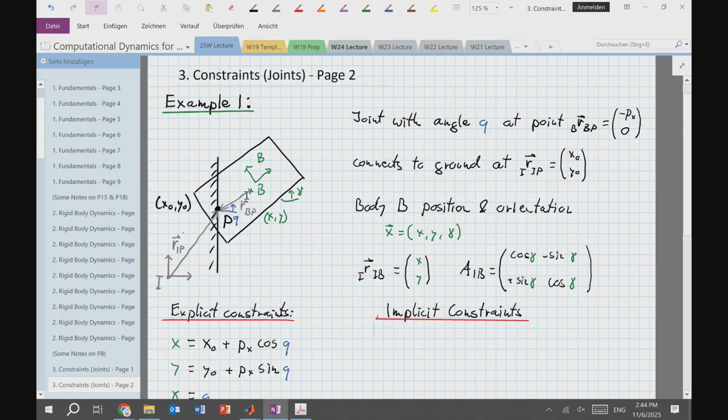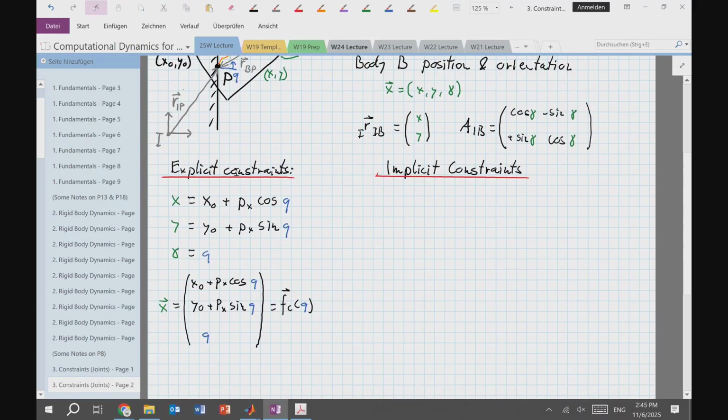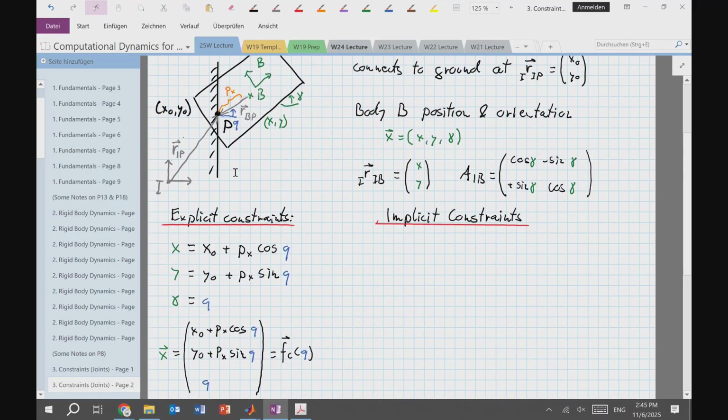That's this distance. This here, that's px. Implicit constraints, right? We now have to think about this the other way. Where's the motion restricted?